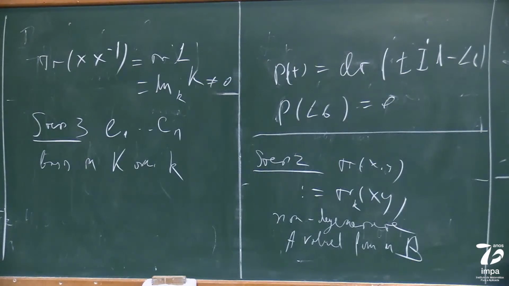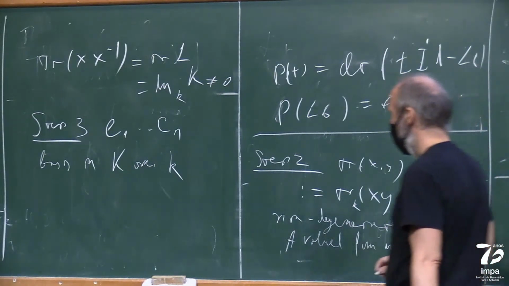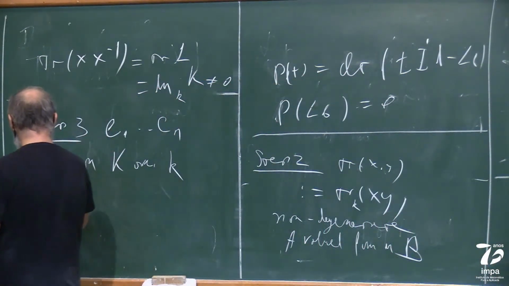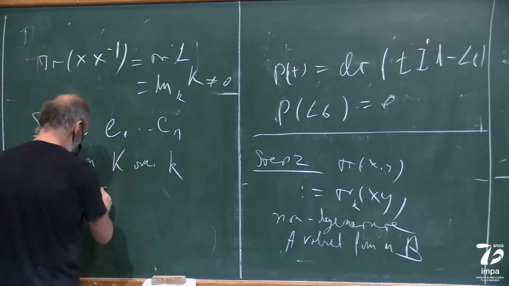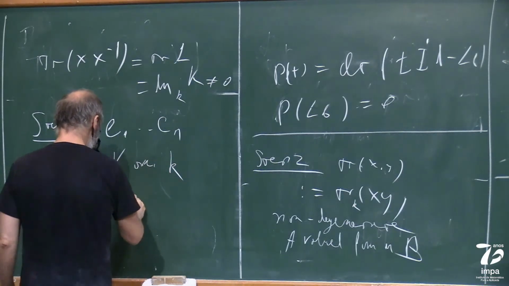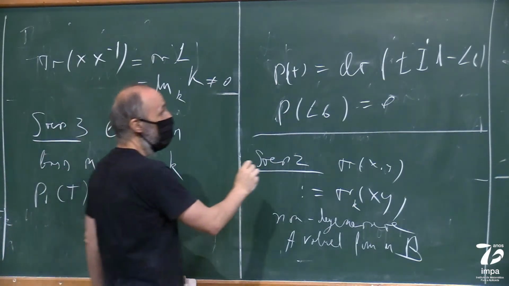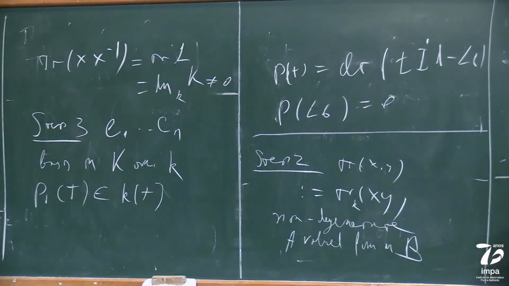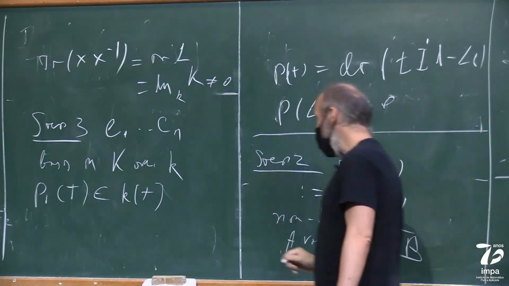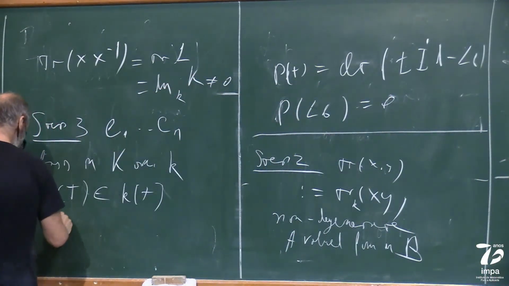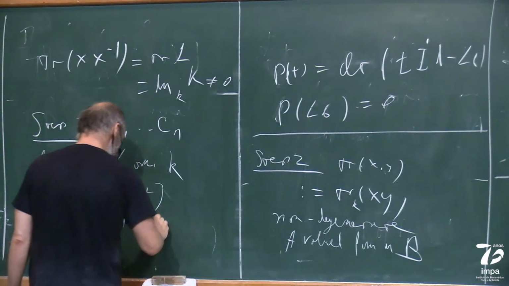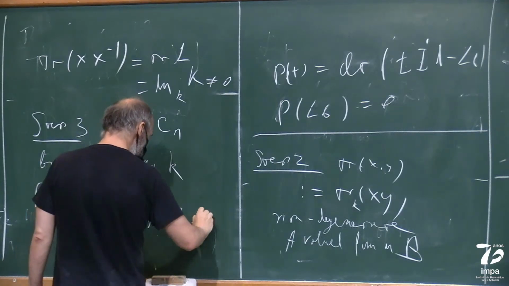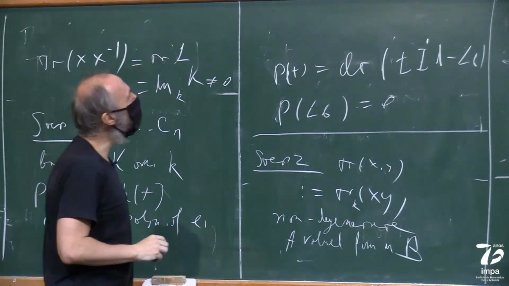And then we take again the minimal polynomials P_i of t, they belong to K small of t, where K small is the fraction field. It's the minimal polynomials of e_i, of the basis vectors.